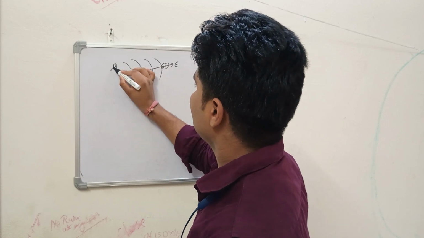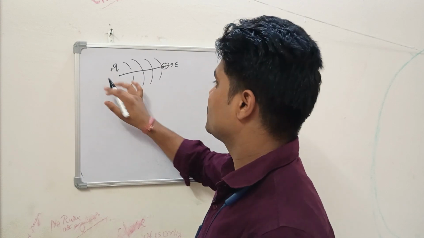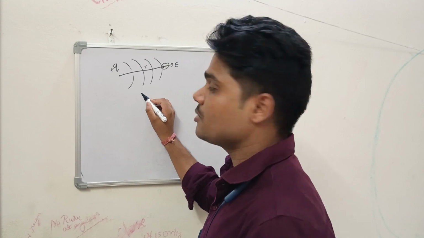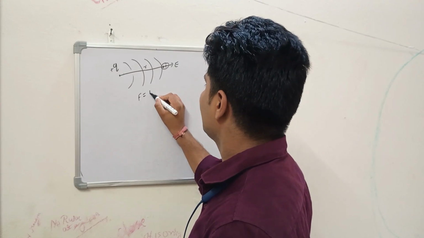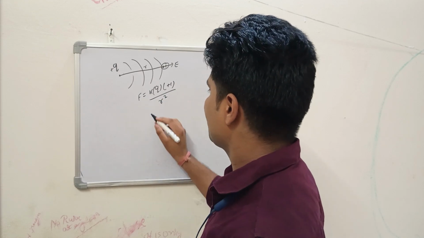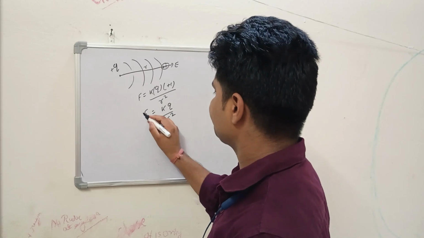If the charge is also positive, and the distance between the plus 1 charge and Q is R, then the force acting on the plus 1 test charge will be F equals K Q by R square.